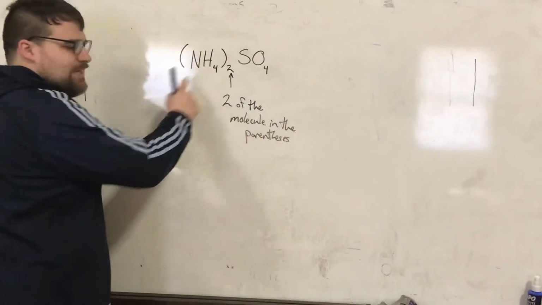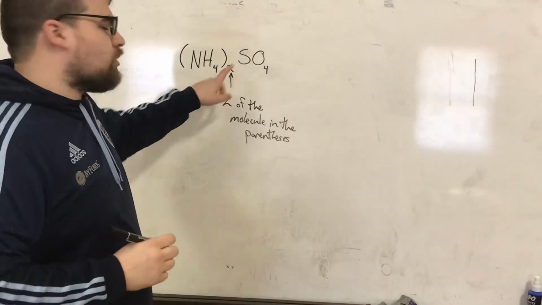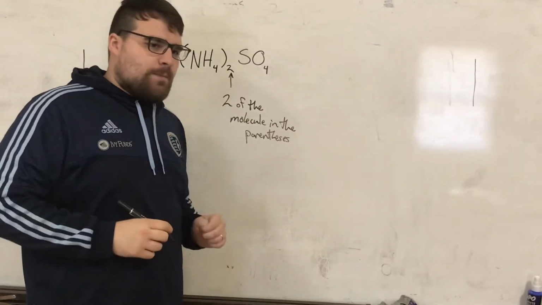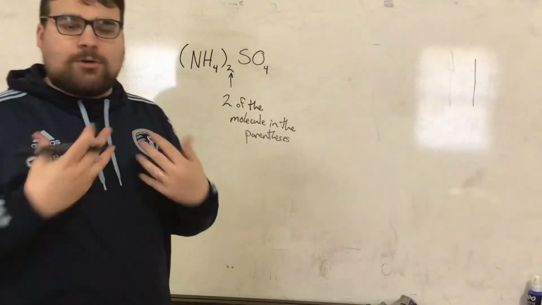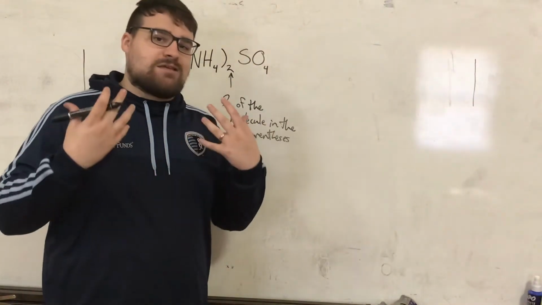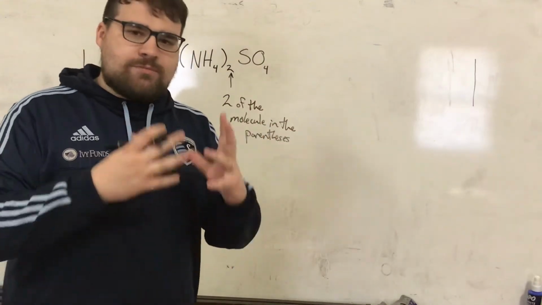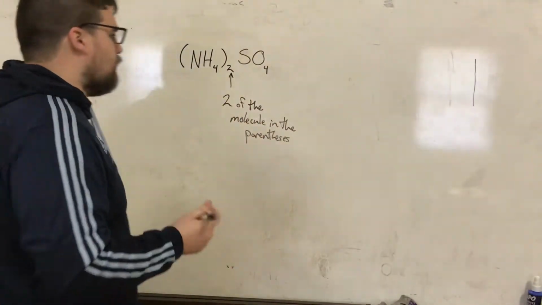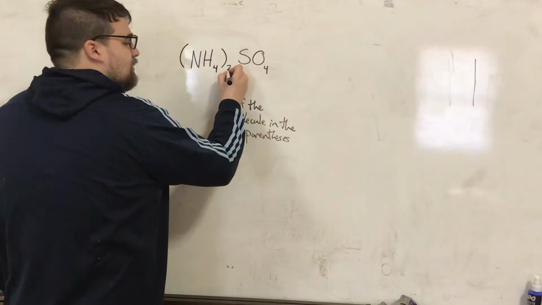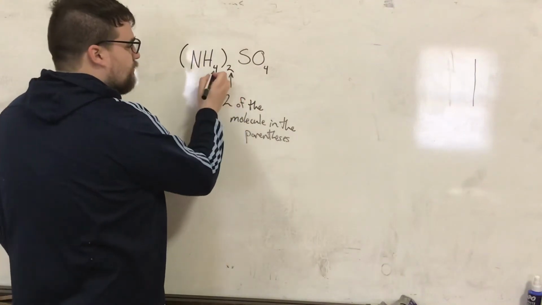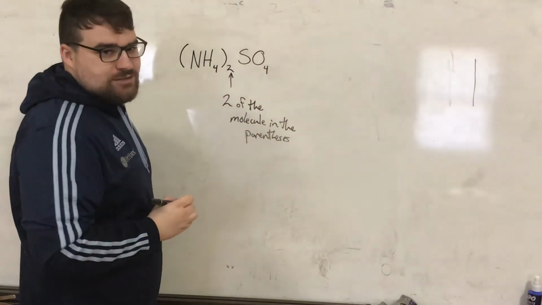So we have NH4, but this is telling us there's actually 2 NH4 molecules. What I personally like to do, what I think is the easiest way to realize how many total atoms of each of these there are, is to take this number and distribute it to each of these subscripts.